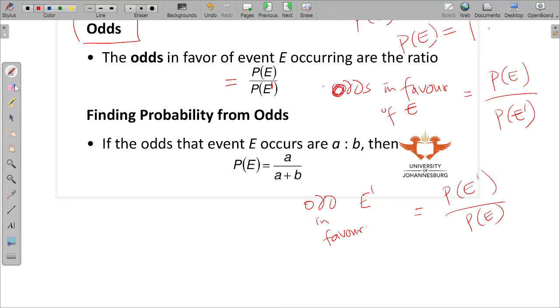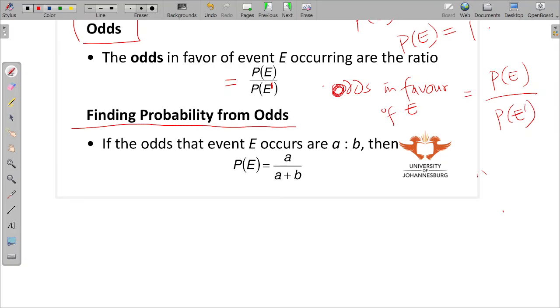Now sometimes they will give you the odds, and you will have to find the probability. You are given the odds and you are asked to find the probability.